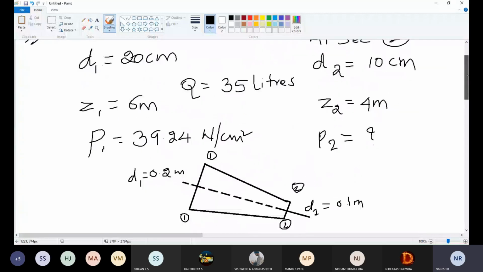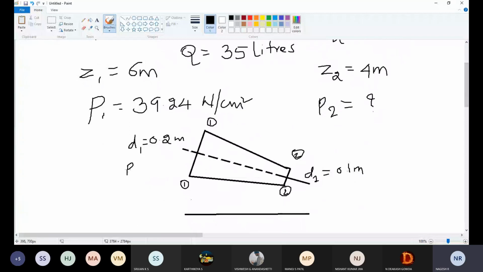P1 is equal to 39.24. Can you tell me in terms of Newton per meter square? 39.24 into 10 to the power of 4.